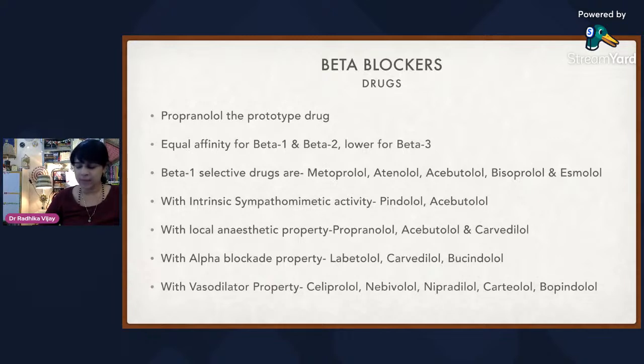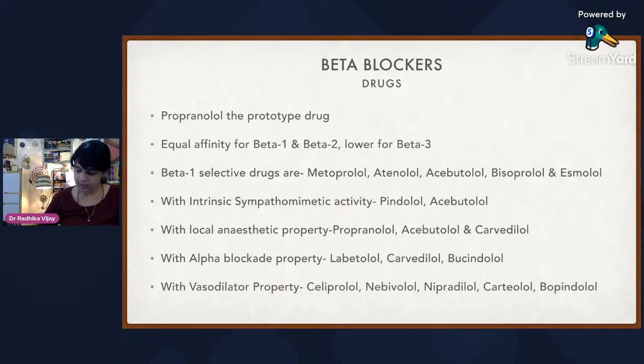It will not be a complete agonistic action, it will be a partial agonistic action, and that is known as intrinsic sympathomimetic activity. That is when the catecholamines are absent. But you should know that propranolol does not possess this intrinsic sympathomimetic activity.